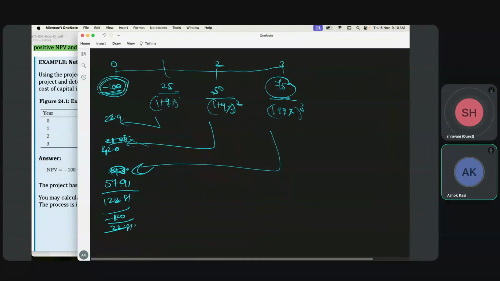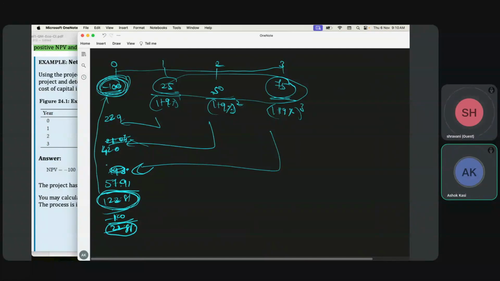So net you are earning how much? 22.81. This is the net present value. So what do we compare this with to make a decision? Initially we compared all these 150 rupees with 100, and thought we were earning 50 rupees. Then we got to know that we are supposed to discount, and the discounted value is only 122, and that we compared with 100.